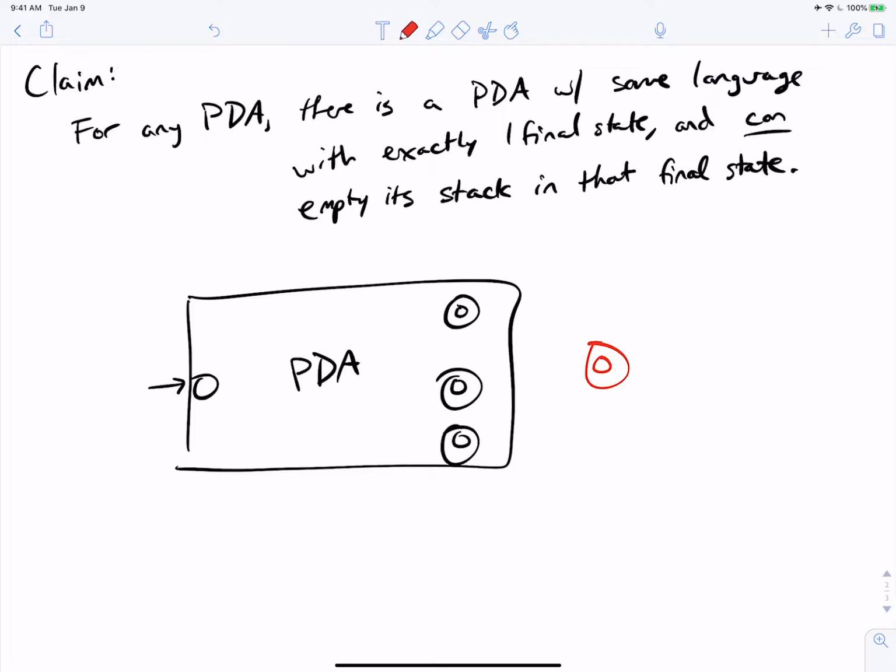From each original final state, we make a transition to the new final state that reads nothing, pushes nothing, and pops nothing. So we just have a bunch of do-nothing transitions: epsilon, epsilon goes to epsilon for all three of these. Cool. So does this work?